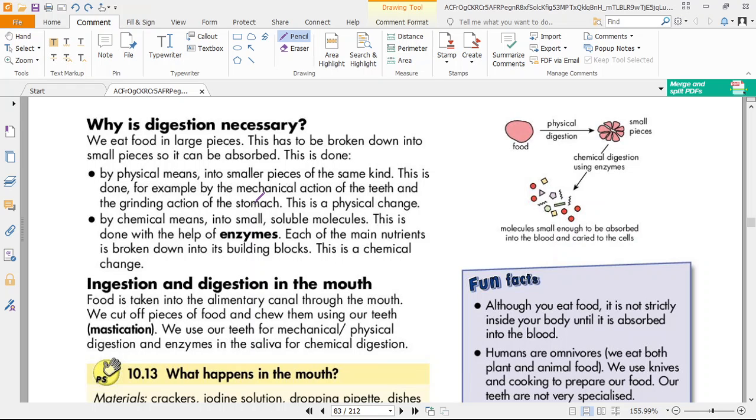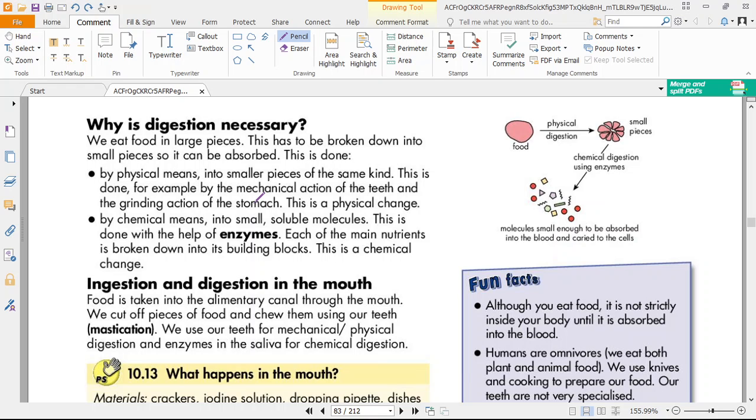Now, when the chemicals in our body break down soluble molecules, it is by the use of enzymes. Enzymes are biological catalysts, meaning these are biological substances found in the body that speed up a reaction, or slow down a reaction.